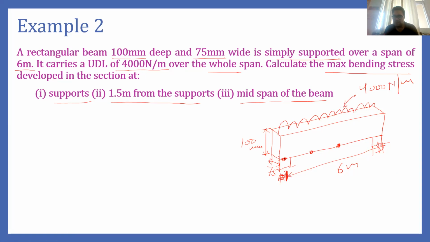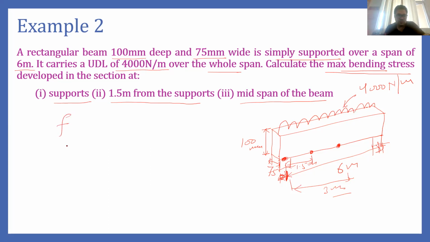So basically we have to find out at zero distance from the support, at 1.5 meter from the support, and at 3 meter from the support. So in this we are supposed to find out maximum bending stress, and maximum bending stress is F.